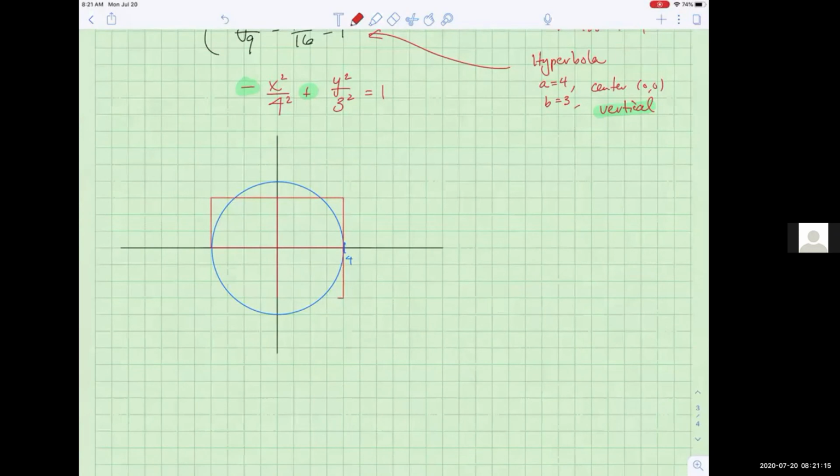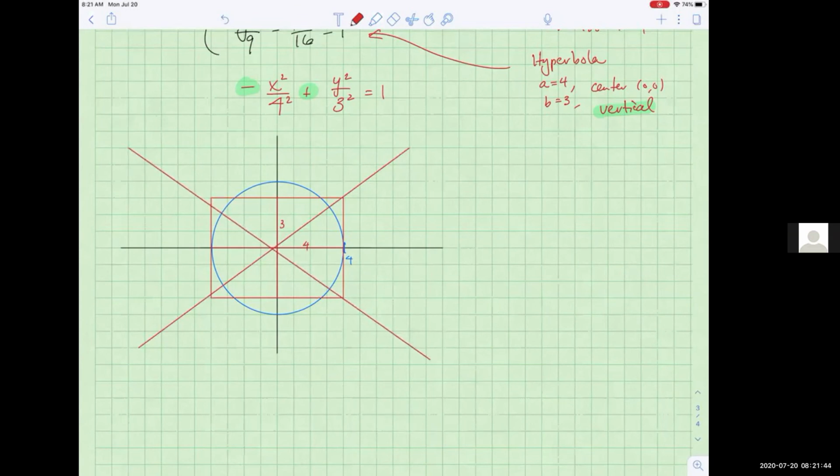So here I'm drawing that 4 by 3 box. Well, it's actually 8 by 6, but this is 4 and this is 3. We get our asymptotes in here. I can't draw.